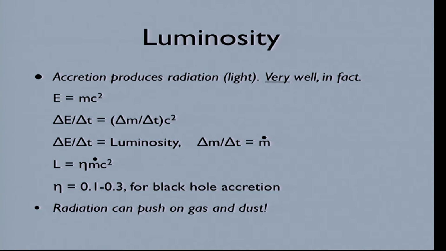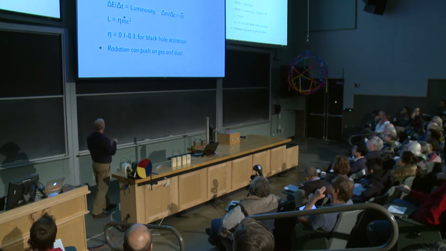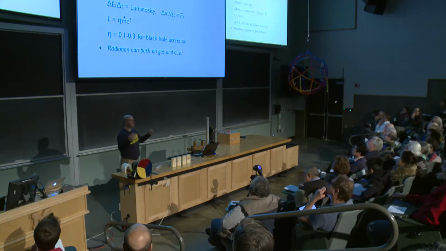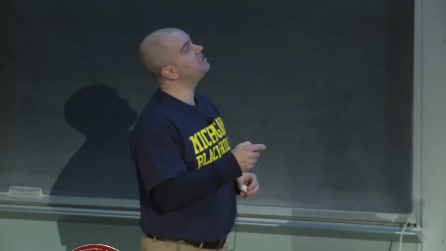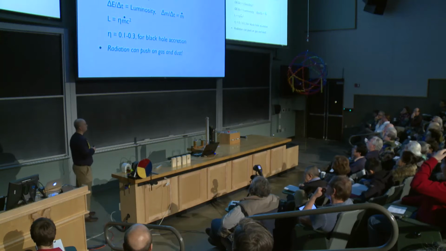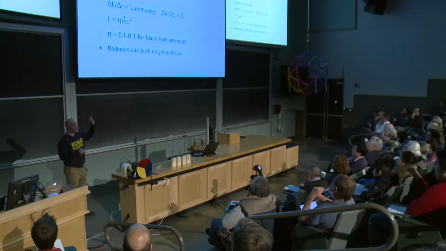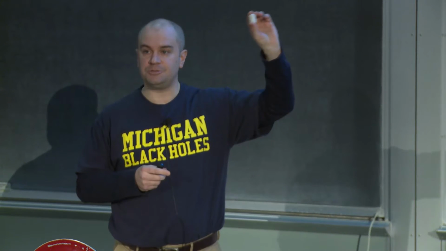How many marshmallows do I throw onto the neutron star or onto the black hole? And when we think about the power that comes out in terms of radiation, we then call that luminosity. So the luminosity that we get is going to be 10% \dot{m} c squared when we're accreting matter onto a black hole.